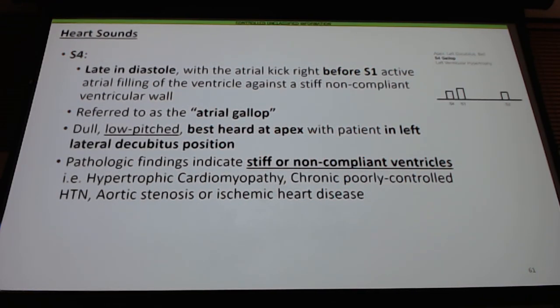Then we talked about S4, and how this is a late diastole sound immediately before the S1. This is also low pitch, so best heard with the bell, and it's known as the atrial gallop. And the reason you hear this is when you have a non-compliant or stiff ventricle, because with the atrial kick, you get that sudden flow of blood into the ventricle, but it's just running into a brick wall, a non-compliant ventricle, and you're hearing that blood hitting that wall.